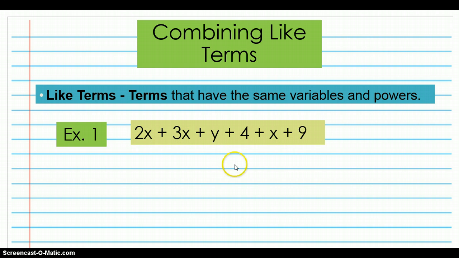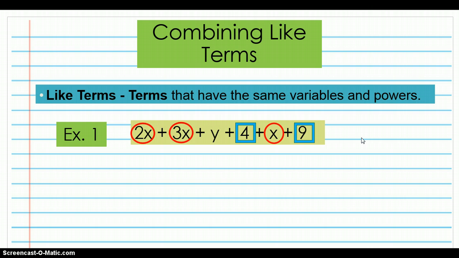So those are my like terms. I'm going to go ahead and put a circle around them. Then I have a y, but I don't have anything else in my expression with the y, so the y stays by itself. I have a 4, which is a number, and I also have a 9. So those two are like terms. I'm going to go ahead and put a square around them.